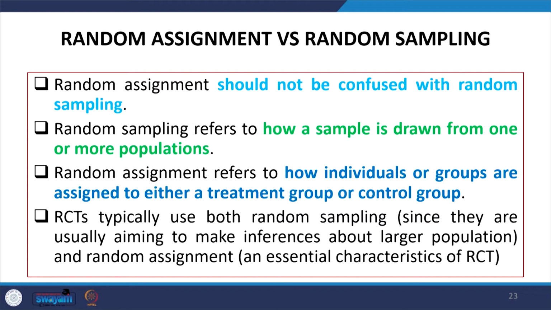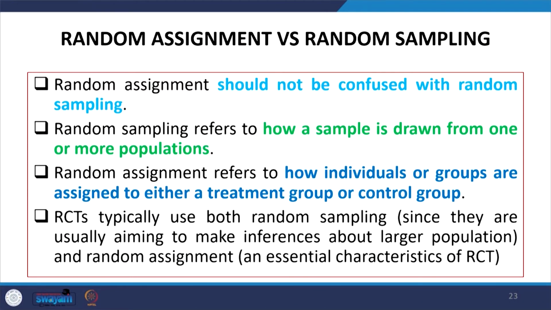So, basically it is not just persons being randomly picked, rather we are dividing them into two groups. If they are categorized without any bias, that is basically called random assignment.